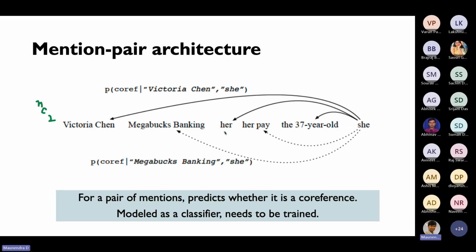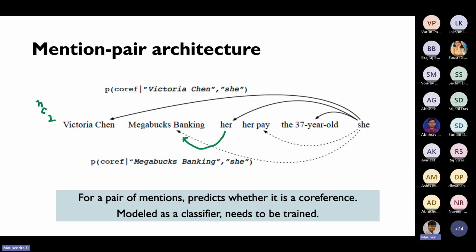On the other hand, suppose she and megabucks backing. This is a negative example, where these two are not connected, so the probability value expected for this pair will be low.